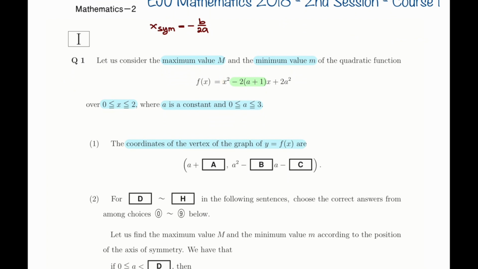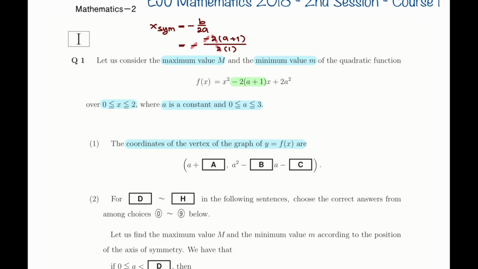So if I substitute b and a into this equation, I will get the symmetrical axis. I will get negative negative 2 times (a plus 1) over 2 times 1. As you can see, I can cancel out the negative sign here, and then I can cancel out 2.